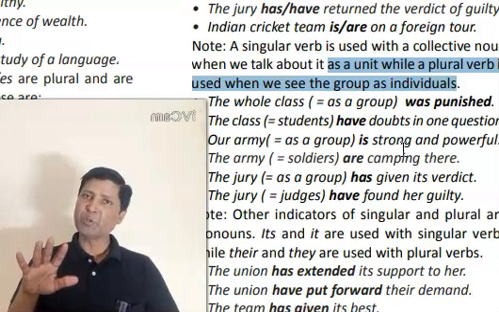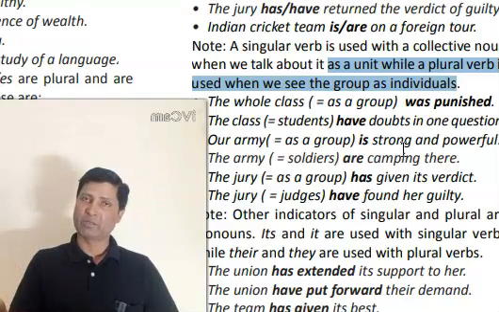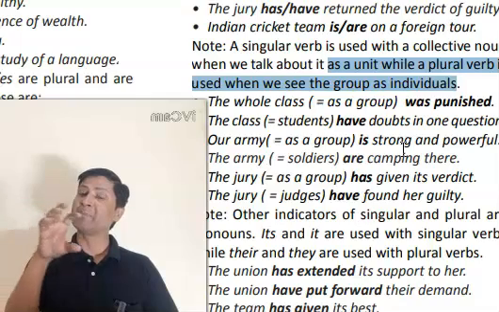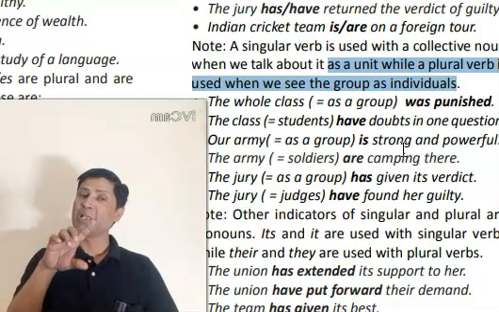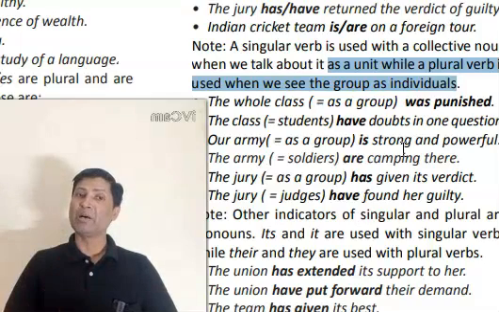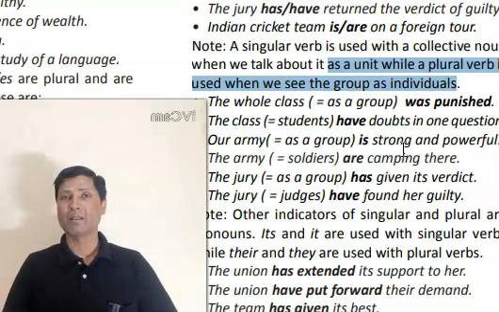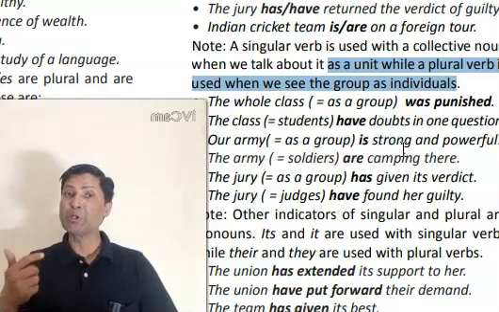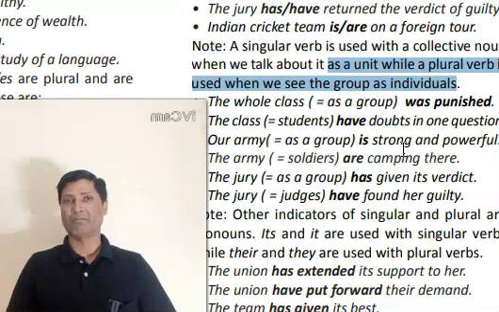But if I am talking about soldiers, the people that are making the army, then the verb will be plural. So I'll say, the army are on alert. I am using the word army, but I mean soldiers are on alert.